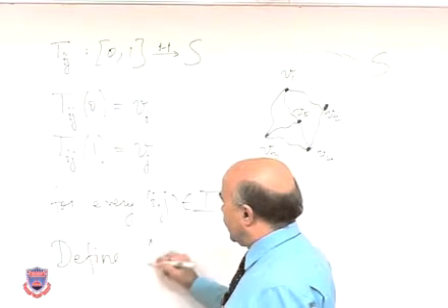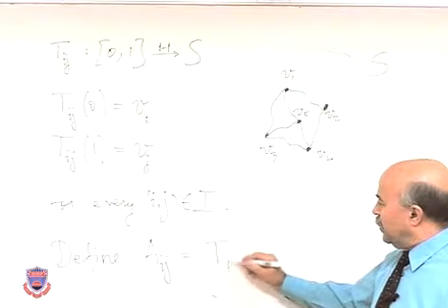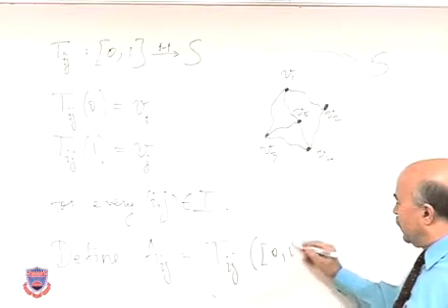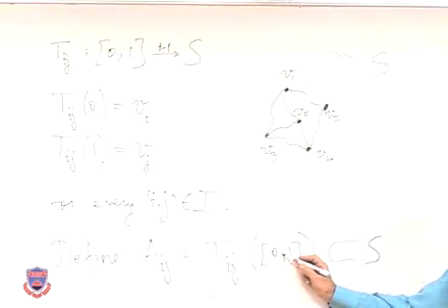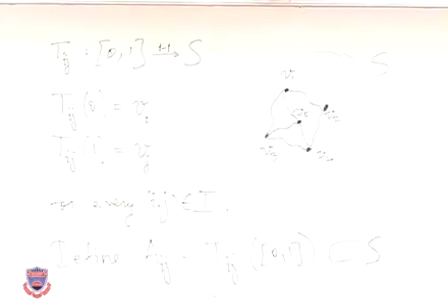We take the point set Aij to be the image of the unit interval under the mapping Tij. So Aij is a subset of S, because every point that gets mapped is a point of the set S. All right.